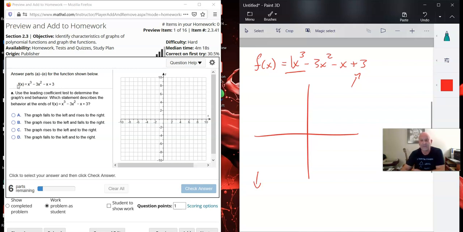If it's down in the third quadrant and heading south from there, that means on the left it's going down, and on the right it's going up.